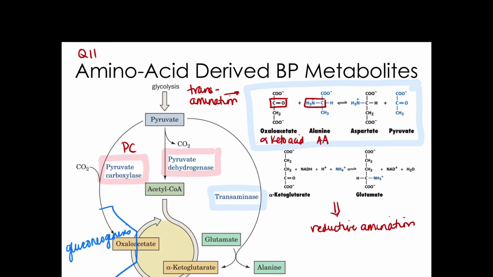We're not swapping these actual atoms in and out, but we're taking one molecule that has a carbonyl group and an amino acid that has a carbon-nitrogen group, and converting this one into a carbonyl group and this one into a carbon-nitrogen, which equates to taking an alpha keto acid and making it into an amino acid, and an amino acid and converting it back into an alpha keto acid.